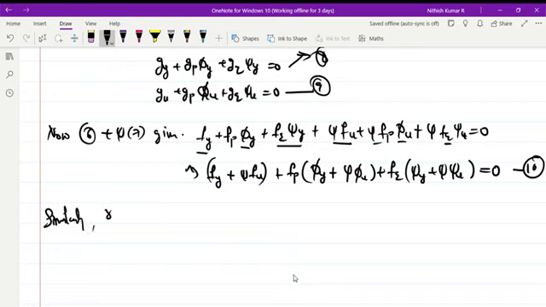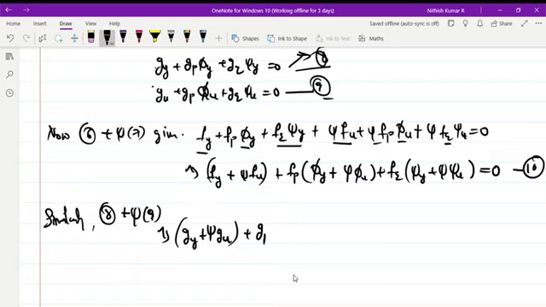Now this gives, combining, f_y plus xi into f_u plus f_p, taking common terms, phi_y plus xi into phi_u, plus f_q into xi_y plus xi into xi_u equal to 0. Let's call this equation 10.